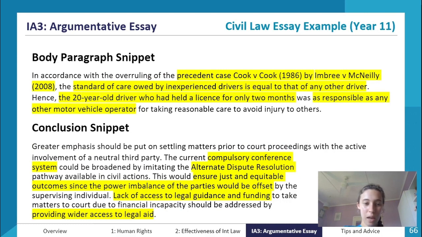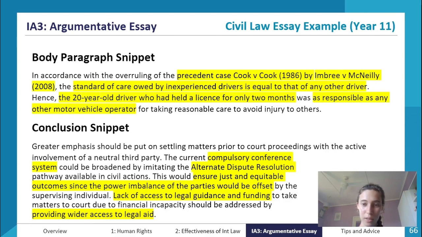Here's another body snippet and a conclusion snippet as well. This one uses a precedent case. In your argumentative essay, you saw that you'll need an example of a scenario that you've chosen. The example in the QCEE one was fishing in Thailand.